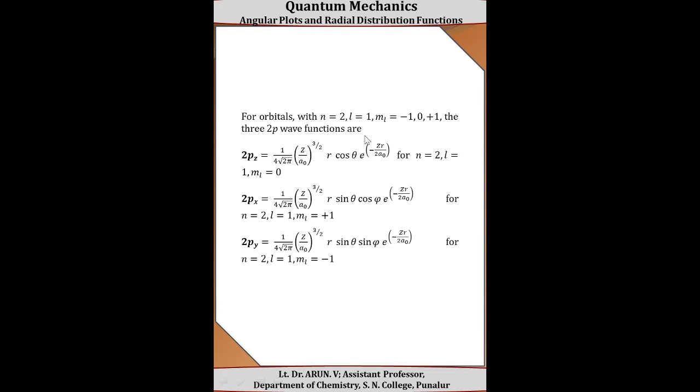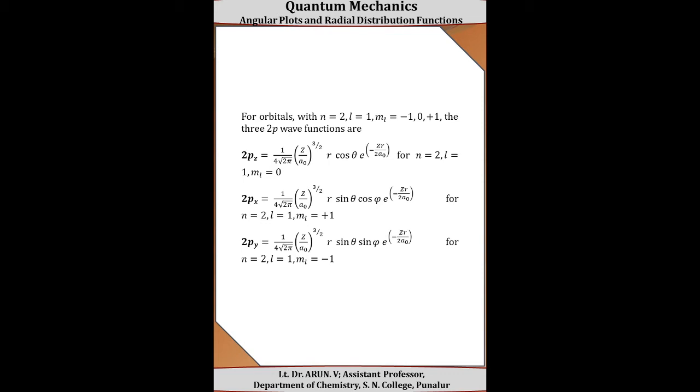Consider the first case, when the value of n is equal to 2 and L is equal to 1. The different m_l values are -1, 0, +1. Therefore, we get 3, and it represents the 2p wave functions or 2p orbitals, and here there are 3 m_l values, that is -1, 0 and +1, and so there are 3 2p functions, that is 2pz, 2px and 2py.